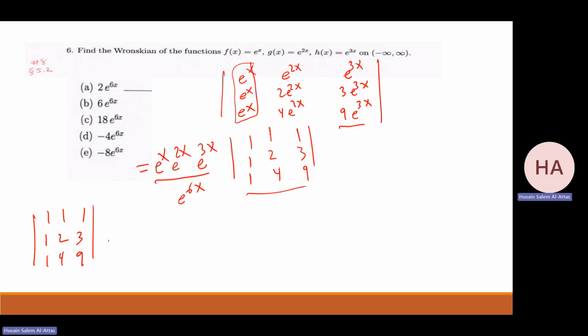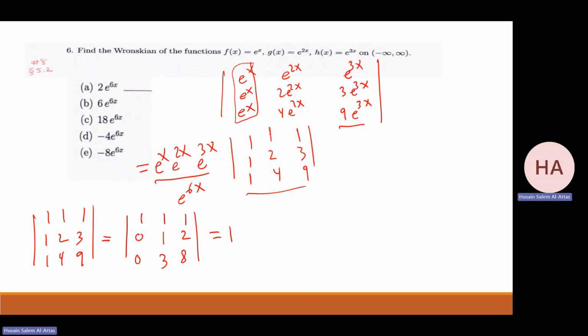Now for this determinant, you can use the usual trick. Multiply the first row by minus 1 and add. That will be 0. Minus 1 and add, that will be 1. Minus 1 and add, that will be 2. Then do the same: minus 1 and add, that will be 0. That will be 3, that will be 8.